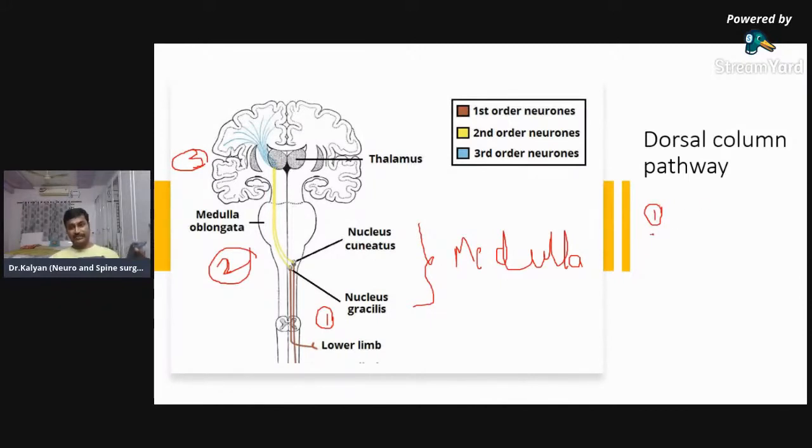Second question which I'm asking you: what is the function of the dorsal column pathway? I want you to answer all the functions of the dorsal column pathway.